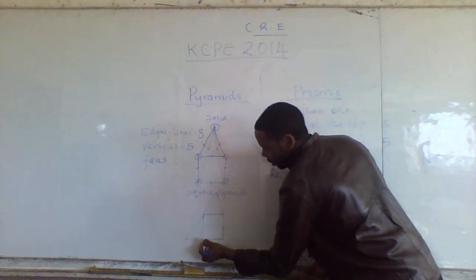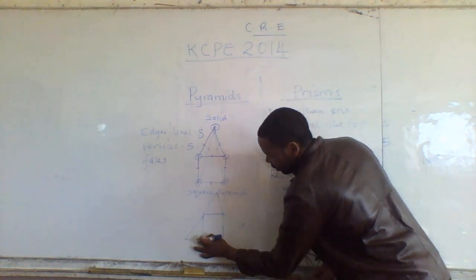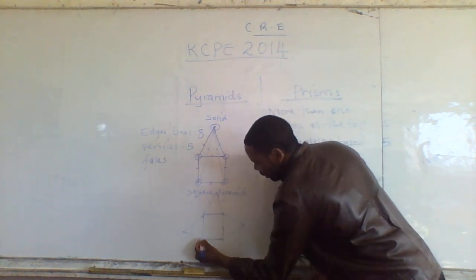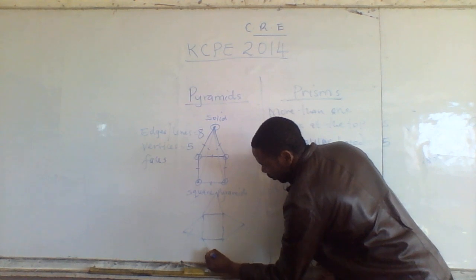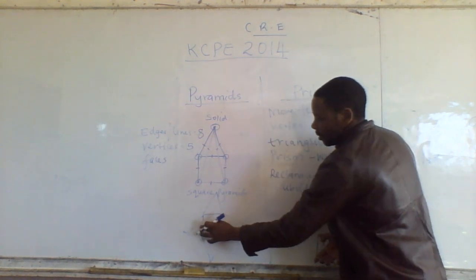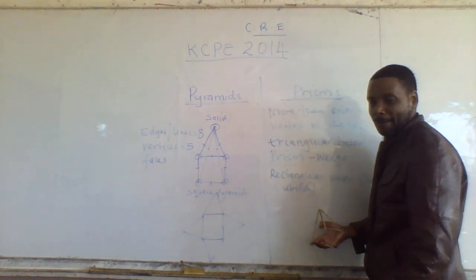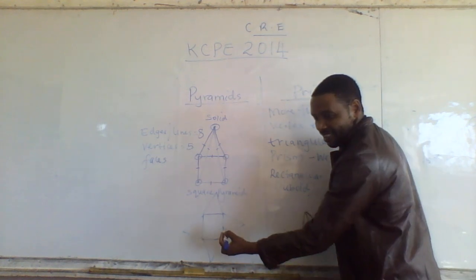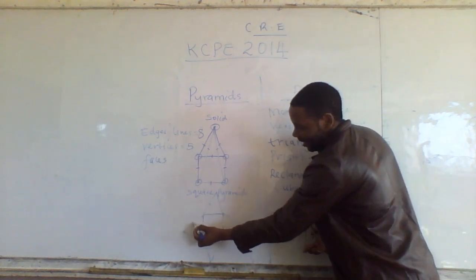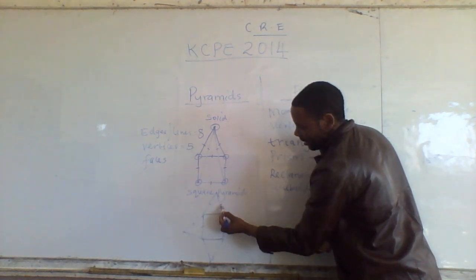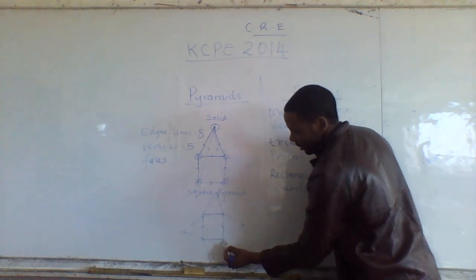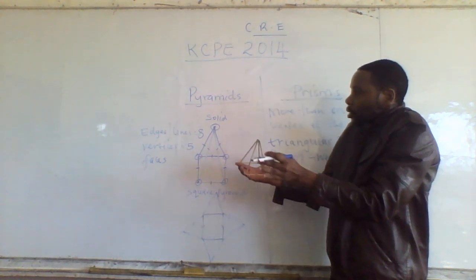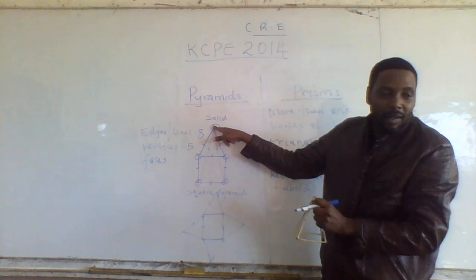That triangle, this triangle, and this triangle. Remember this line and this line should be the same. Why should they be the same? Because they will be formed to join at one vertex.